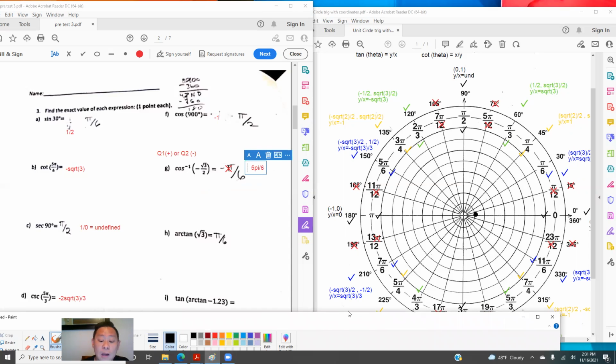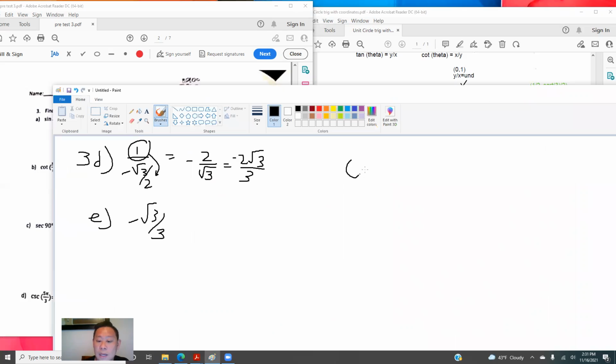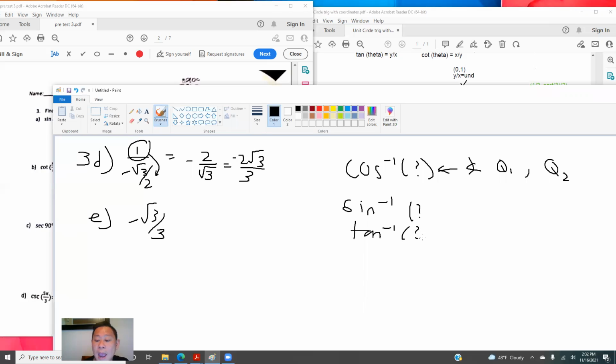This is very important. When we talk about the arc cosine, this angle has to be in quadrant 1 and quadrant 2. But if you talk about arcsine or arctangent, this angle will be in quadrant 1 and quadrant 4.